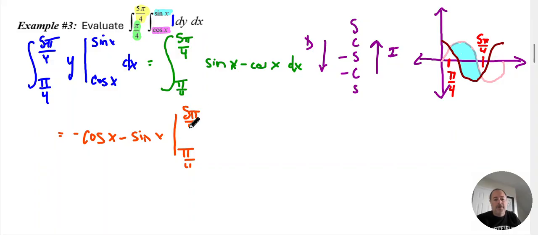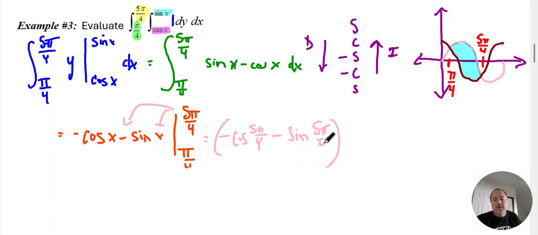And again, I am sorry, guys, about the lag of this computer. Okay, so what's left to do? You guys know this. Everywhere you see an x, we're going to plug in 5 pi over 4 first. So we have negative cosine of 5 pi over 4, minus sine of 5 pi over 4.